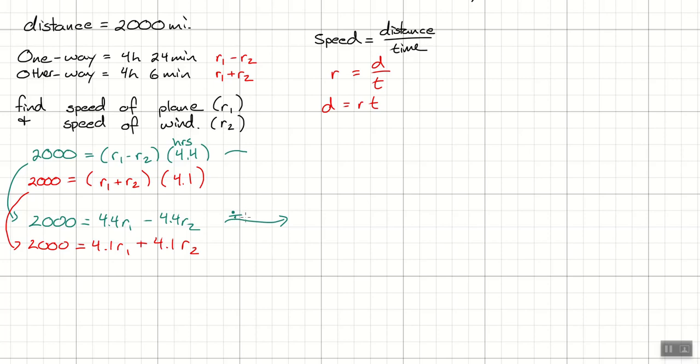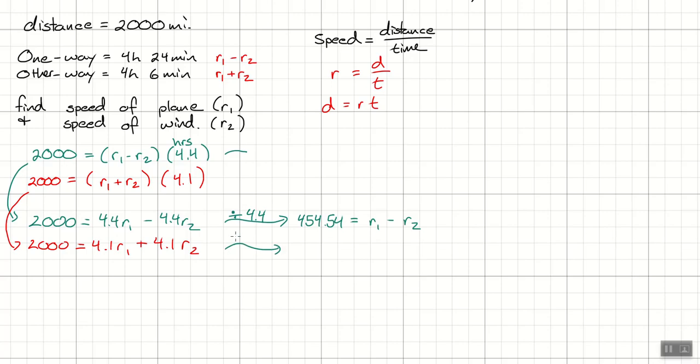Somebody grab a calculator then. I need you to tell me, I'll do the second half of it. I don't know what 2,000 divided by 4.4 is. 500, 400 something. 454.54? Somebody second that? Okay, cool. Equals R1 minus R2? Easy.